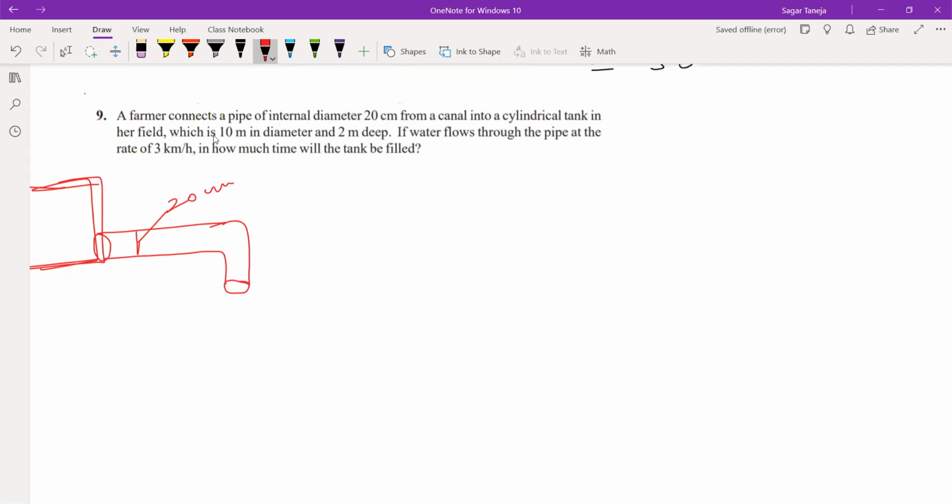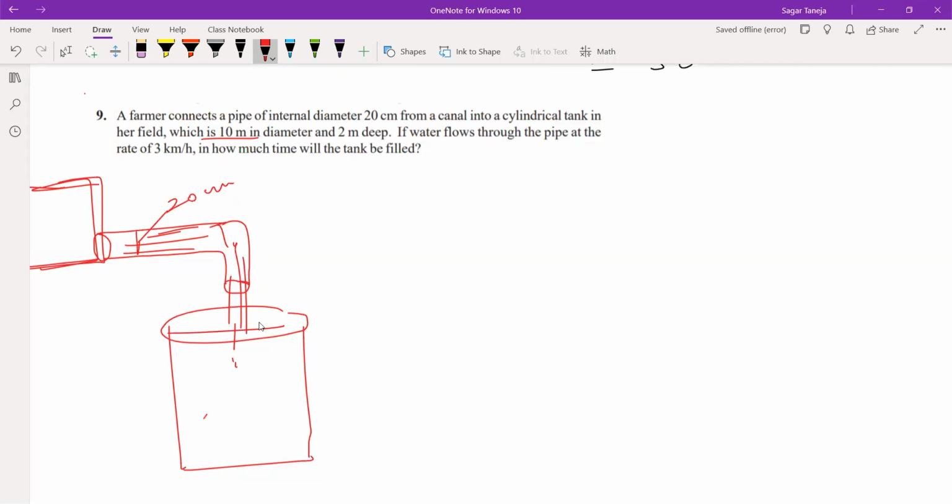The pipe goes into a cylindrical tank, and the farmer connects that pipe from the canal to the cylindrical tank. Suppose like this, it is being connected here, and the water flows like this, and the tank has the diameter 10 meter and the height as 2 meter.